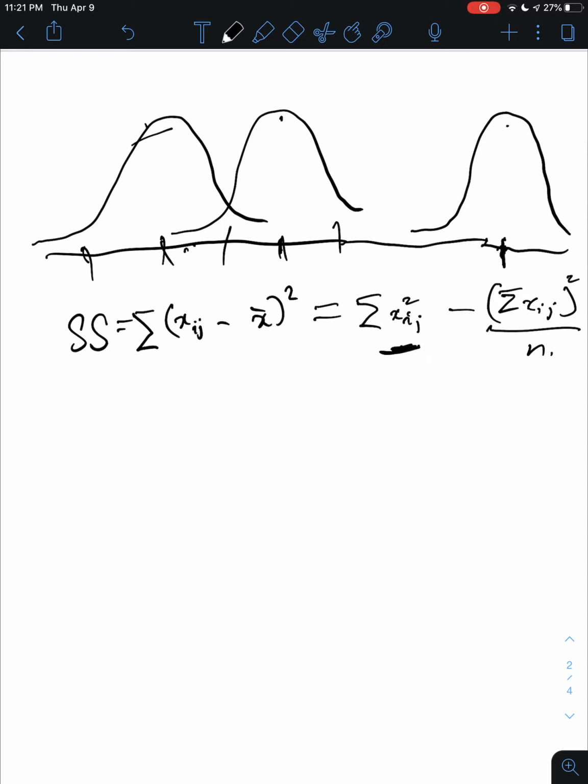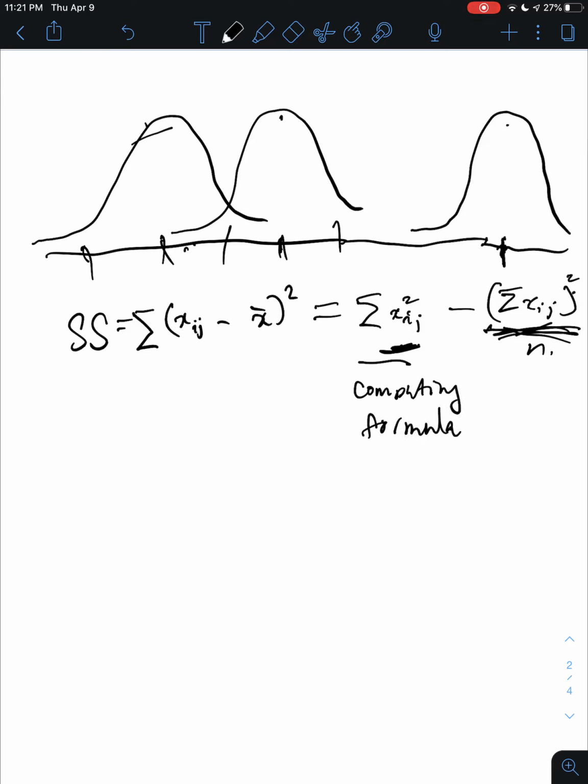So here I square first, and then I add. And here I add, and then square second. And then I divide that second term by n. And again, this should look very familiar to you. This should remind you of the computing formula for the variance that we learned way back in Chapter 2. All right, so that is our initial important concept, this total sum of squares of the deviations.